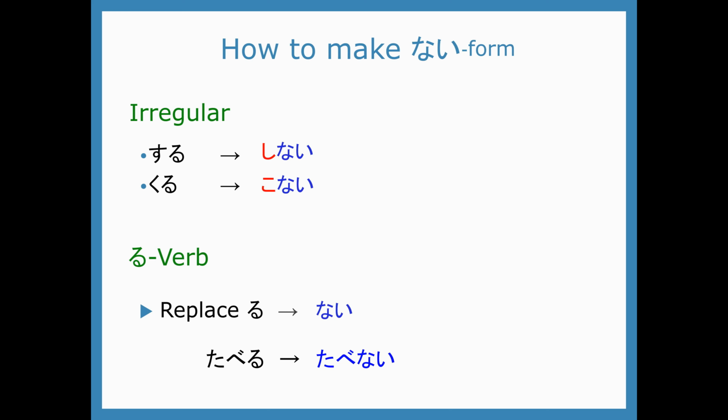So all you do is drop the ru and add nai. Let's think about a couple. What would miru be? That's right, minai. How about okiru? Okinai. How about oriru? Orinai. So all we're doing with the ru verbs is getting rid of the ru and replacing it with nai.